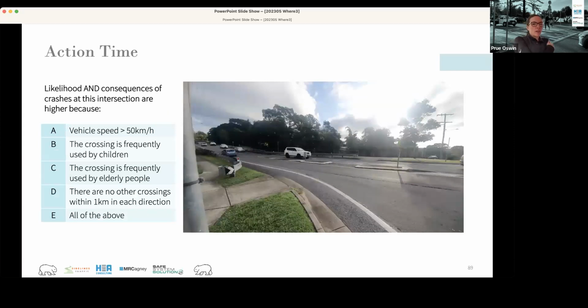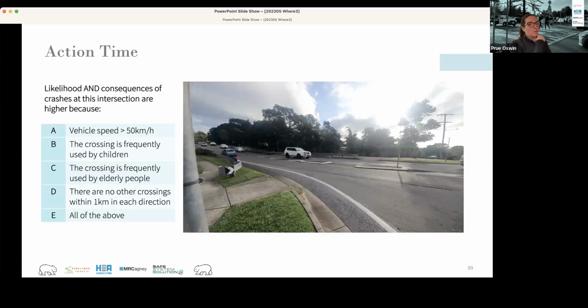Likelihood and consequences of crashes at this intersection are higher because A, vehicle speed is greater than 50 kilometers an hour. B, the crossing is frequently used by children. C, the crossing is frequently used by elderly people. D, there are no other crossings within 1 kilometer in each direction. Or E, all of the above. I think we're getting all of the above there.